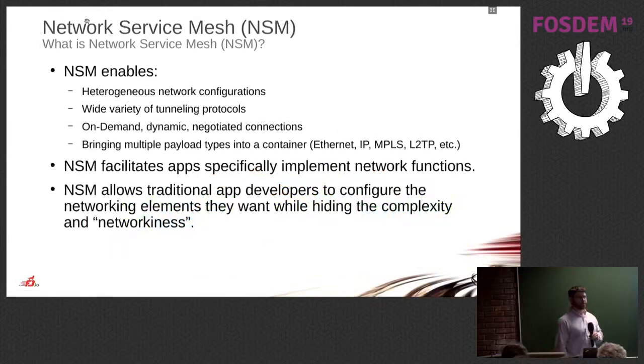One of the advantages of network service mesh is it enables heterogeneous network configurations. It'll support a large variety of tunneling protocols. It brings, like Multus, multiple payload types into a container, whether that be Ethernet, IP, MPLS, or any other tunneling protocols you might need for some type of NFV application.